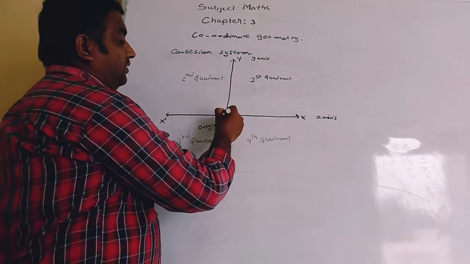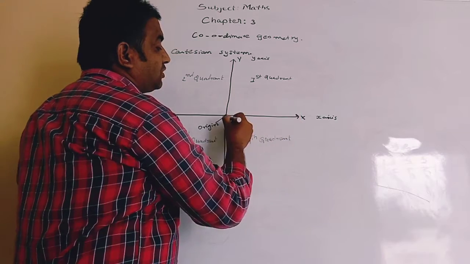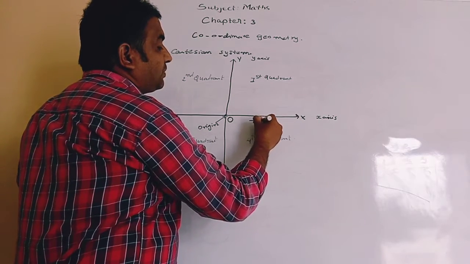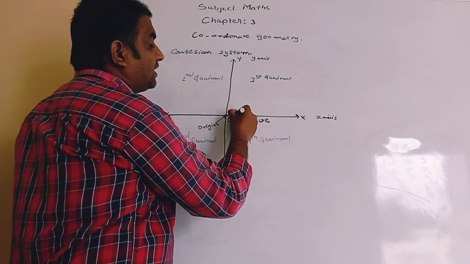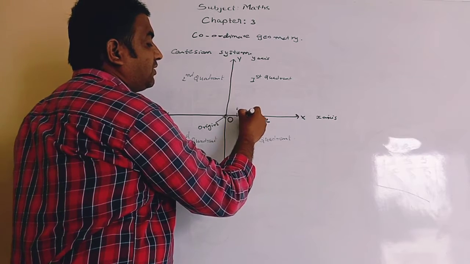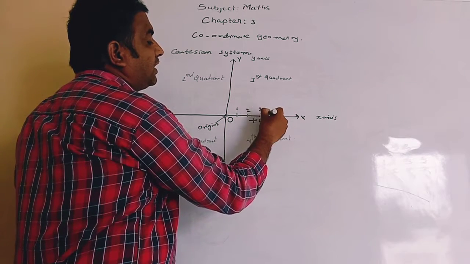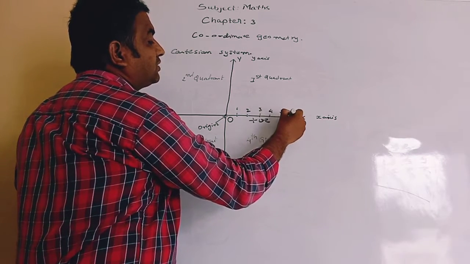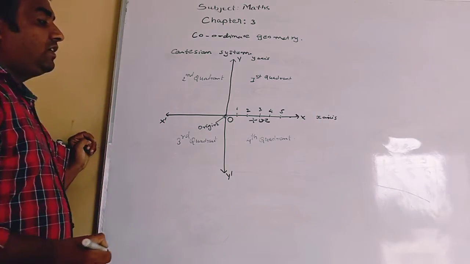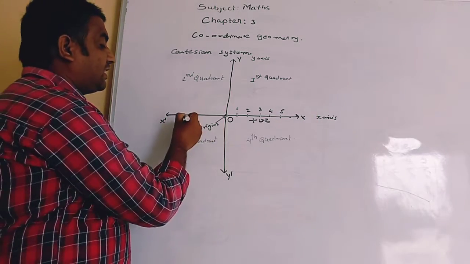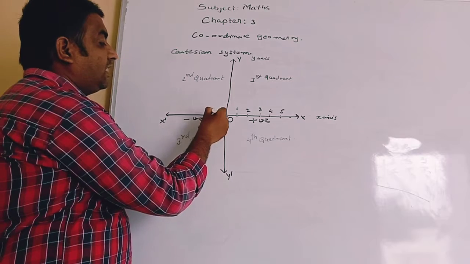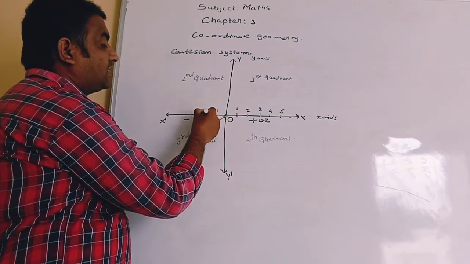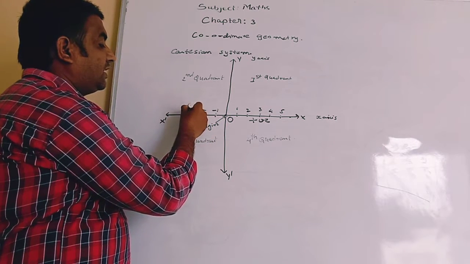So on the x-axis, the right-hand side, the OX direction, he has said is the positive direction. On it he has marked the positive natural numbers 1, 2, 3, 4, 5 that way. While the OX dash he has taken as the negative direction, and it is marked as -1, -2, -3 as it goes on.